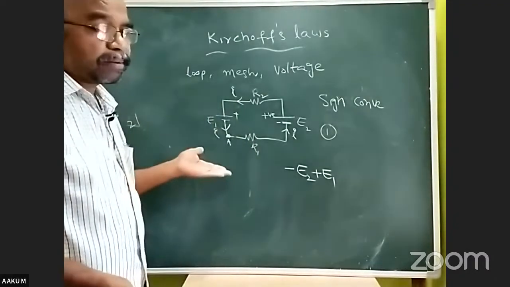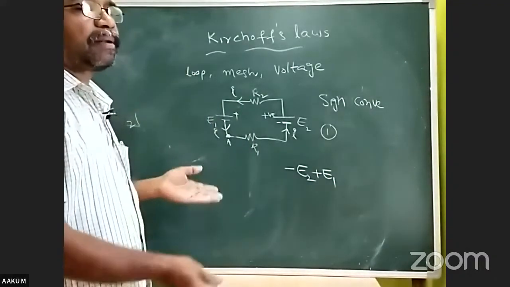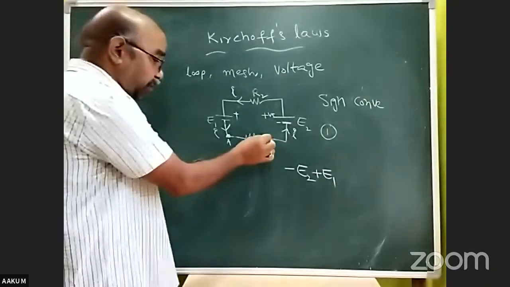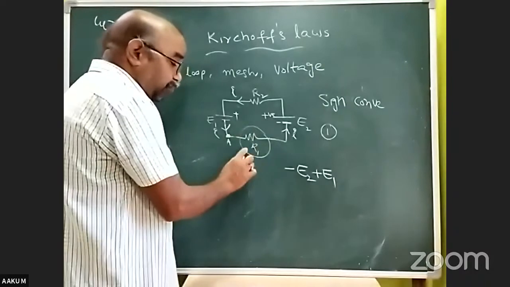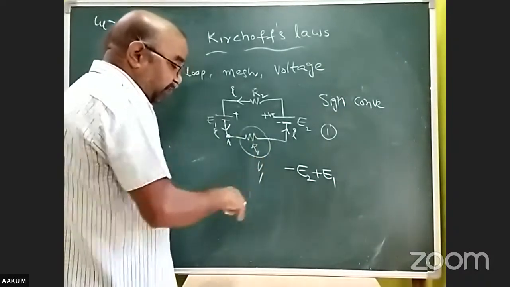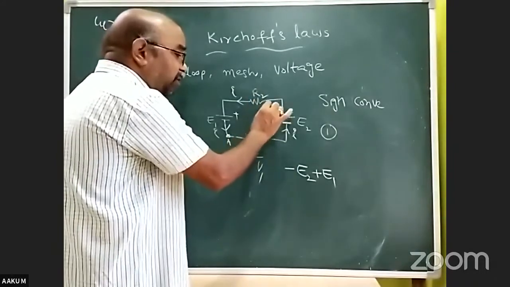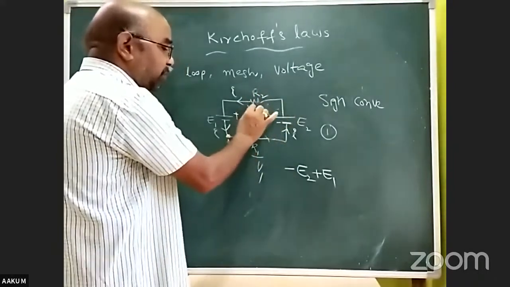Wherever there is a resistance, to drive the current through the resistance there will be some potential drop. Here some potential drop is there, let us say V1. Here, at another resistance, the potential drop will be V2.